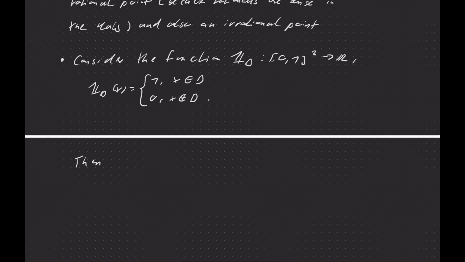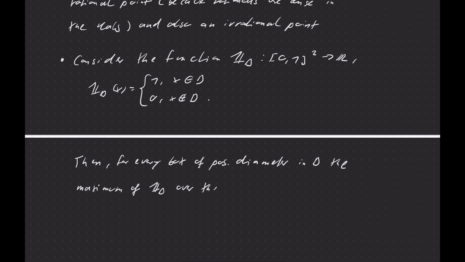Then for every box of positive diameter, the maximum of that function 1_D over the box is always 1, because there always is a rational point in that box.